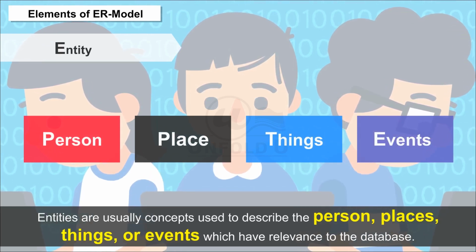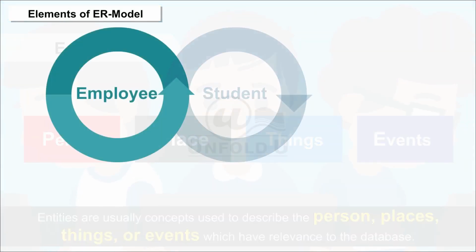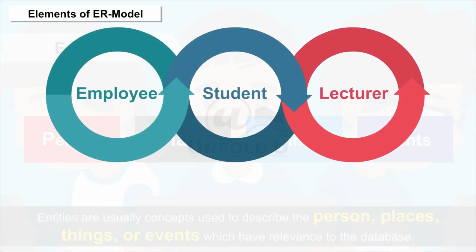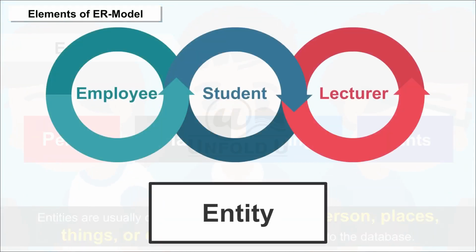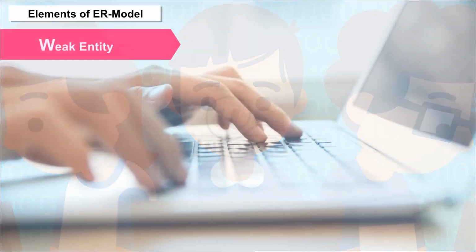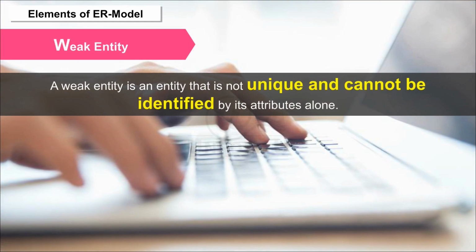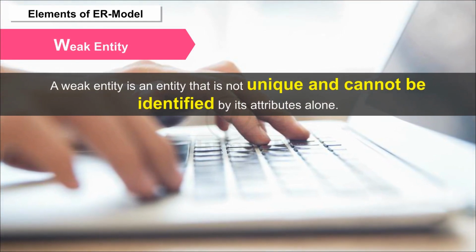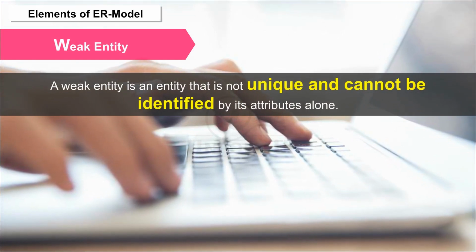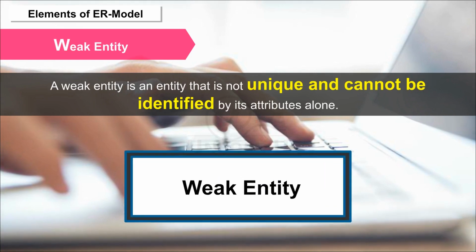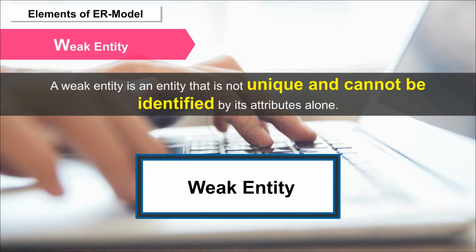Some examples of entities are employee, student, and lecturer. It is represented as a rectangular box. Weak entity. A weak entity is an entity that is not unique and cannot be identified by its attributes alone. It is represented with a double-lined rectangular box.